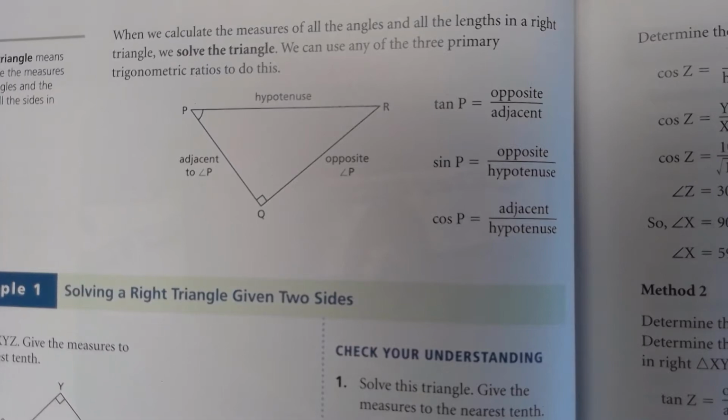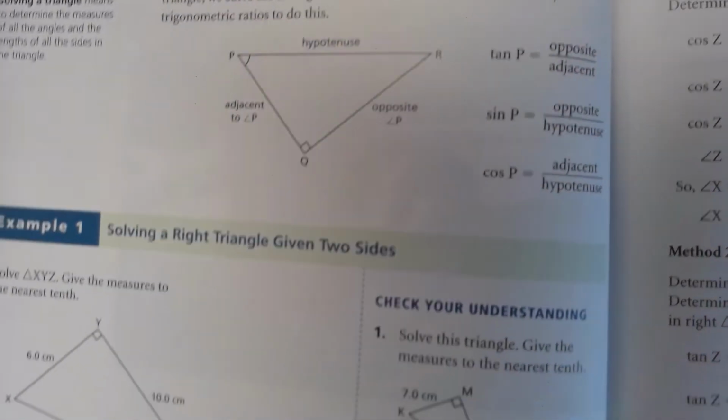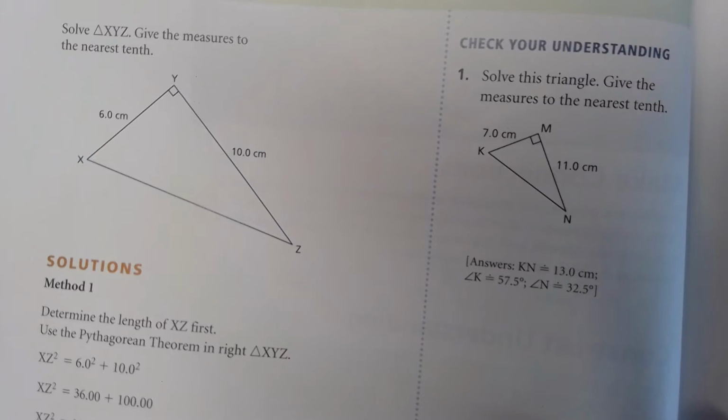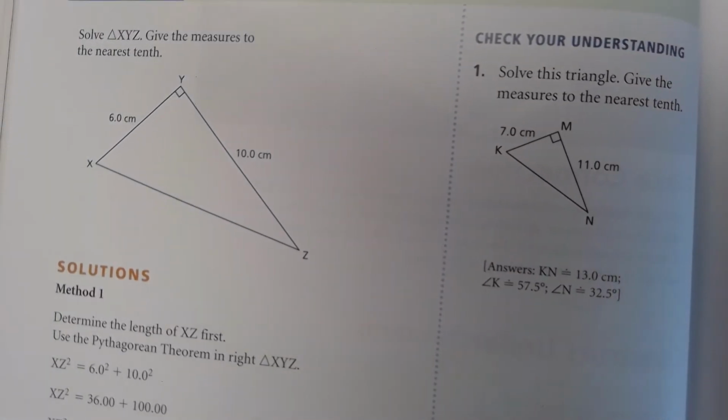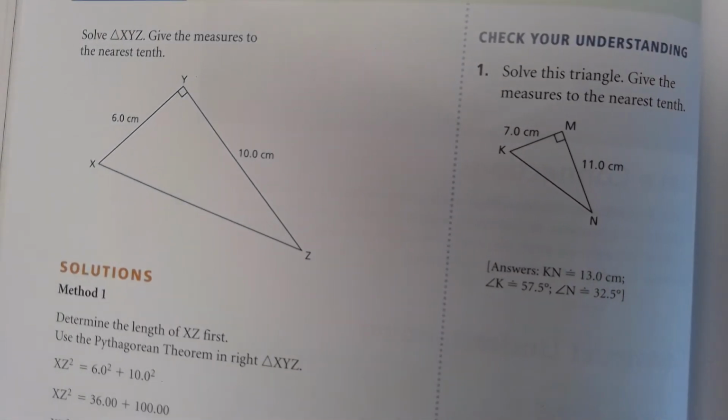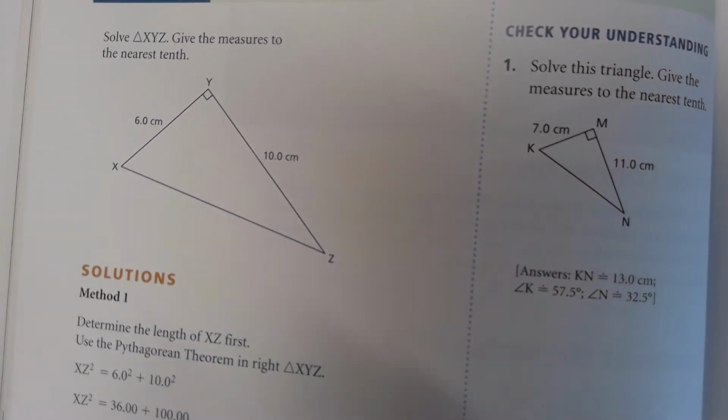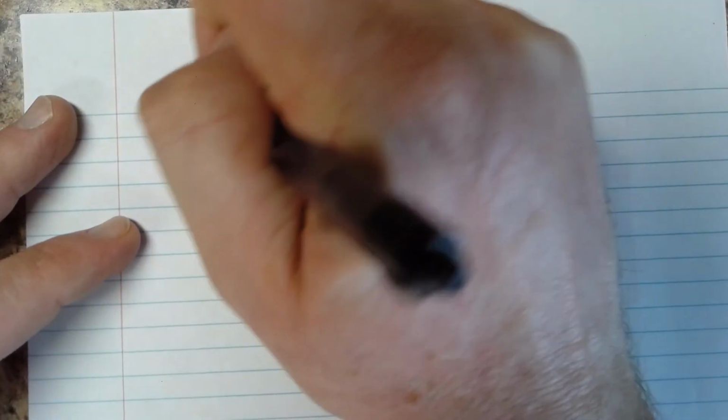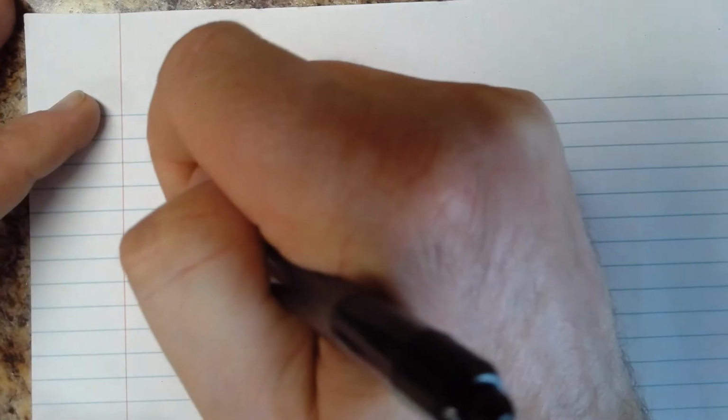So let's have a look. There's a nice example here on page 106 to get us started. And we want to go ahead and solve this entire triangle using a variety of methods at our disposal. So here I'm going to do a couple of examples on page 106.